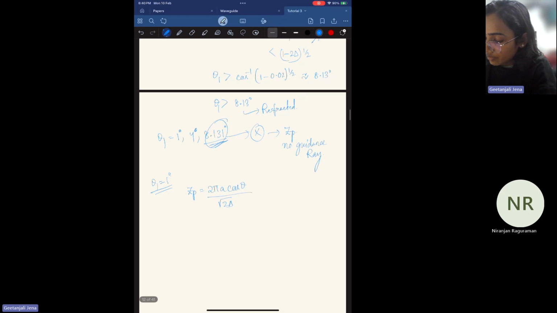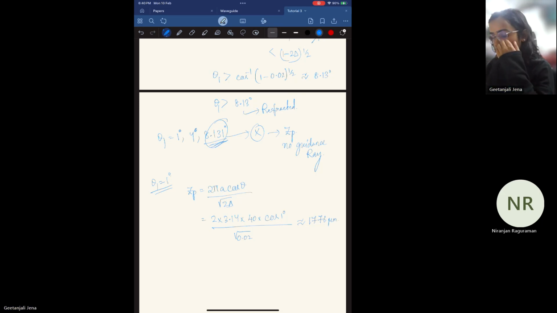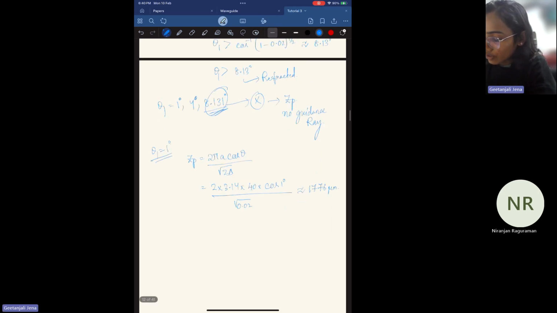So for 1 degree we have 2 times 3.14, and a is given as 40 micrometer, cos 1 degree over root of 0.02. And this will come around 1776 micrometer. And for theta 2, you can easily calculate because it is getting guided.